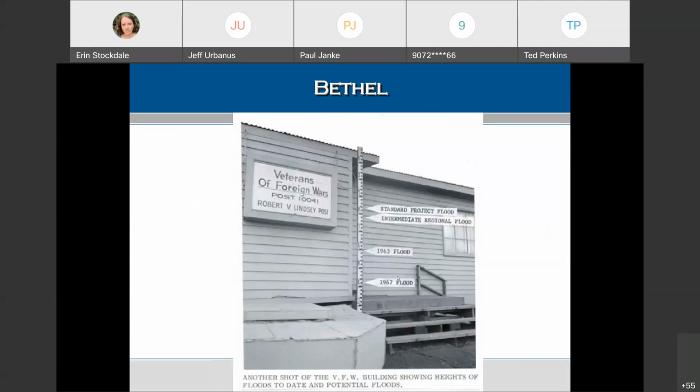Again, we only have a couple data points, but there's obviously been more regional analysis done to figure out how high the highest flood could really be, and what we should build to. And these markers, these rulers, are put up in several places across the town, and they're surveyed in, so people know how to build.